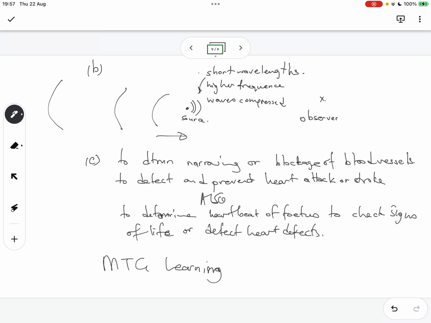So the learning guides, Mind the Gap for maths, Mind the Gap for chemistry, and Mind the Gap for physics are there. For Mind the Gap for physics, you'll just turn to Unit 5, page 81.